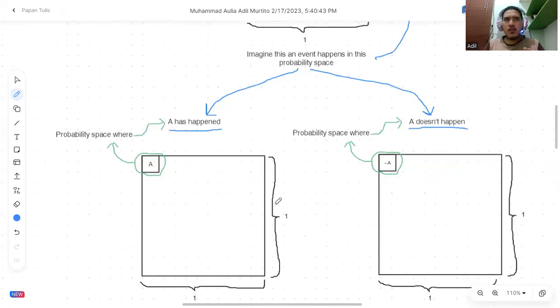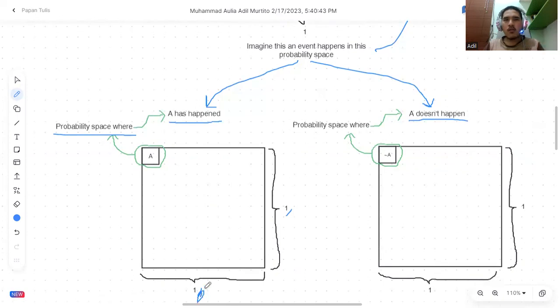So we can make a probability space where A has happened, and it is denoted by this small square of A. Of course, because this is a probability space, it has a length of one and a height of one.